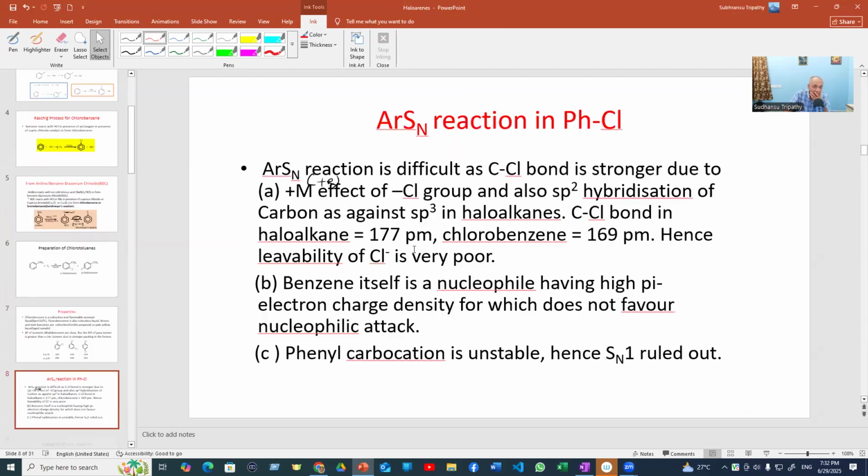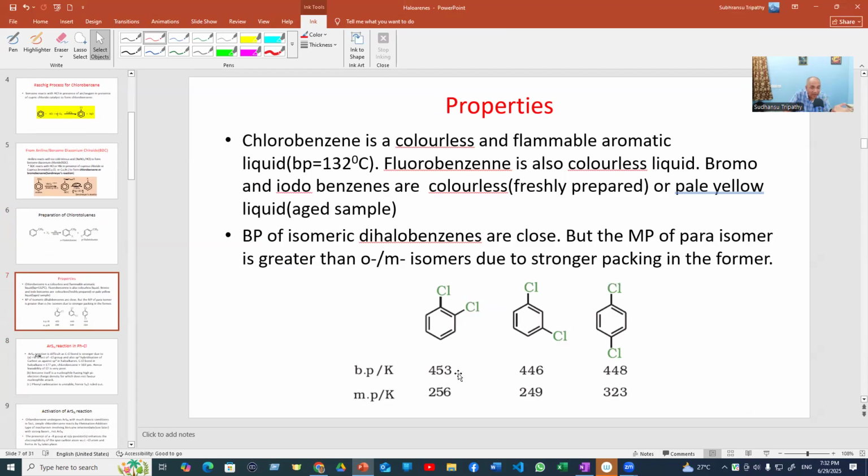And the boiling point and melting point are very interesting. Boiling point wise, ortho is the highest and meta is the lowest. And always para is less than ortho in boiling point. But the reverse is the trend in melting point. The highest is para melting point.